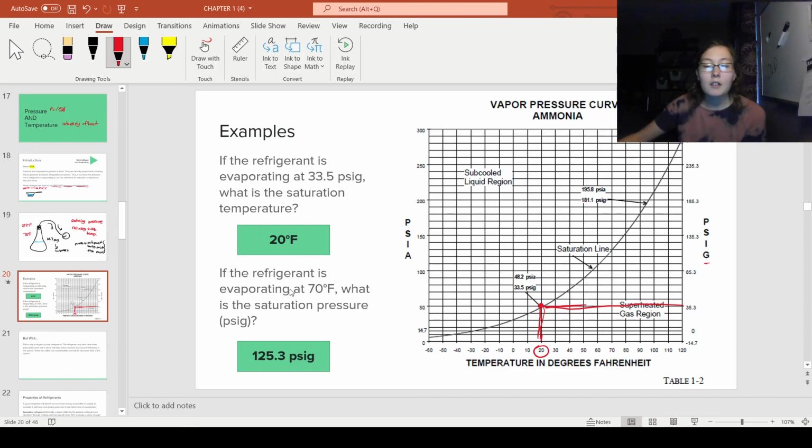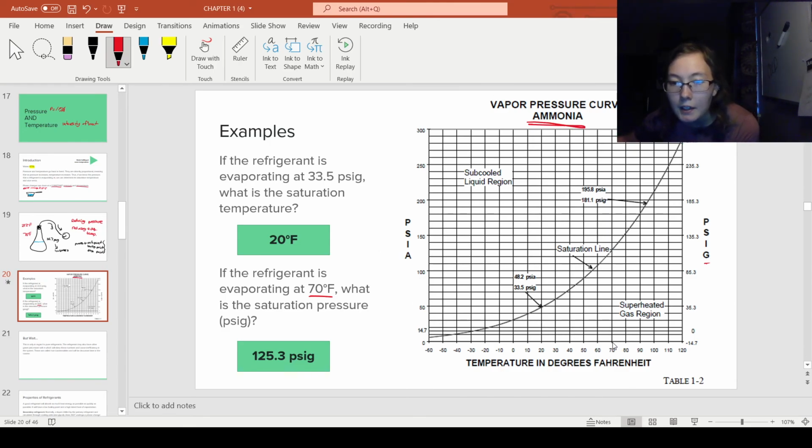Now, another example question. If the refrigerant is evaporating at 70 degrees Fahrenheit, what is the saturation pressure in psig? So the same thing, but opposite. If we have a refrigerant that is, in this case ammonia, evaporating at 70 degrees Fahrenheit, let's go find 70, and follow it all the way up. Cannot draw a straight line on this thing until we hit our saturation curve, our saturation line.